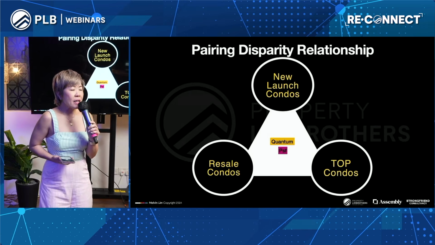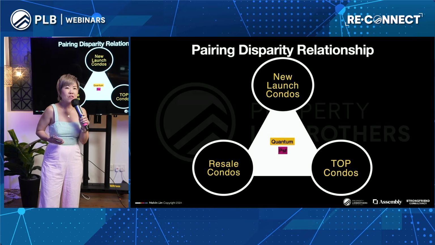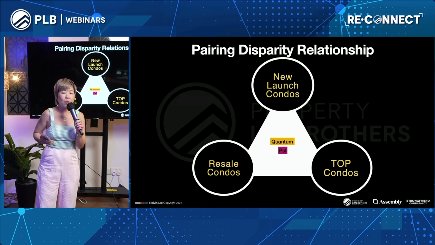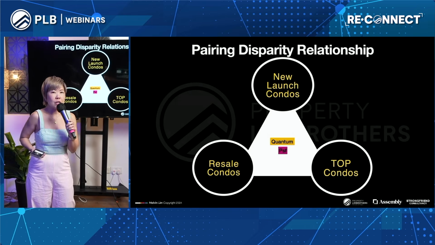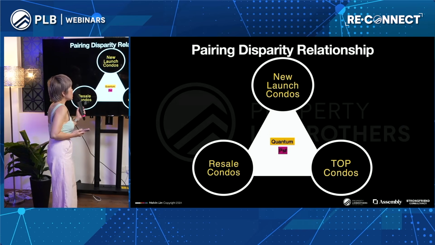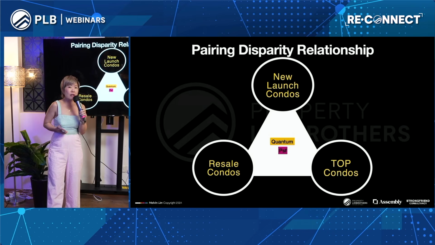Okay, first, I think we need to take a look at the relationship between the 3 different types of condos available. So we know that in the market, when we want to enter into private residential, we can look at these 3 types of property. First is the new launches. In 2025, we are having 24 new launches in Singapore.